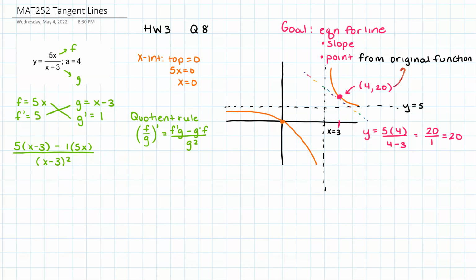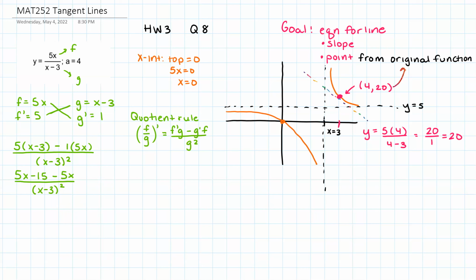And now we're just going to do a tiny bit of bookkeeping, really. So I've got 5x minus 15, subtract, and then 1 times 5x is just 5x, over x minus 3 squared.